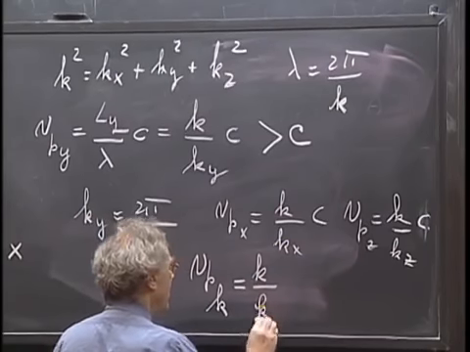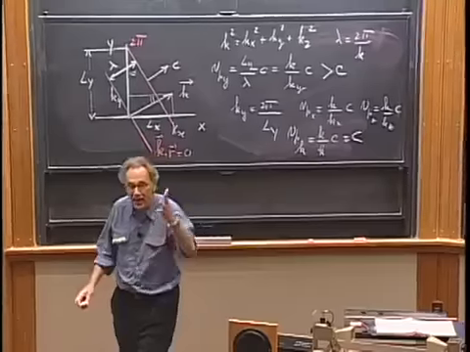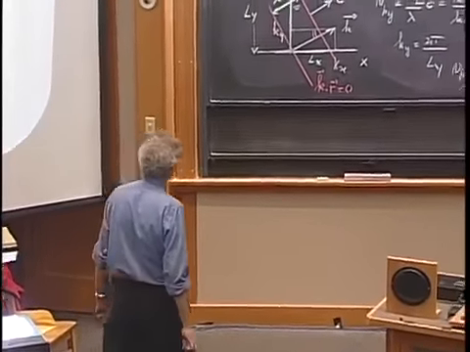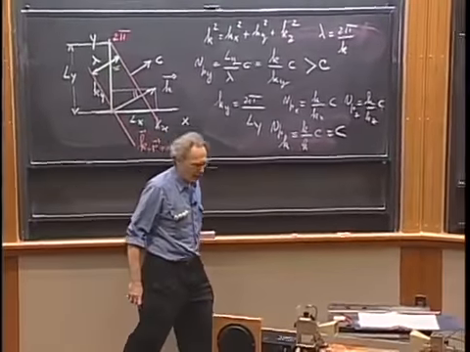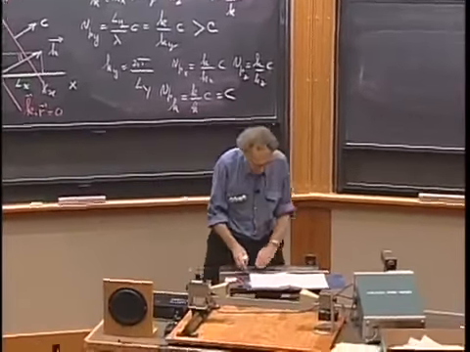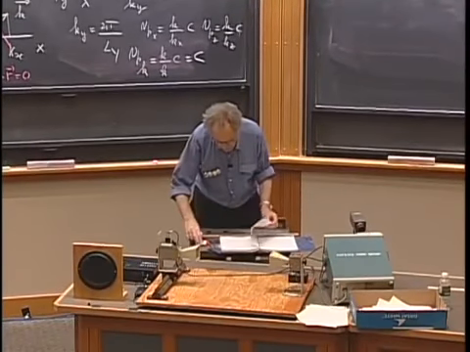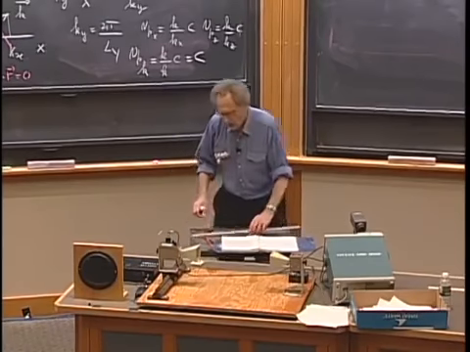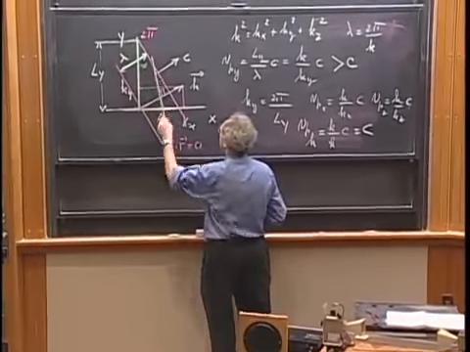That is k divided by k times c, that is c. Of course, in the direction of k, it propagates with the speed of light. But this pattern moves way faster than the speed of light, and it can actually get completely out of hand. It can be very, very large. Suppose these waves travel in the x direction.